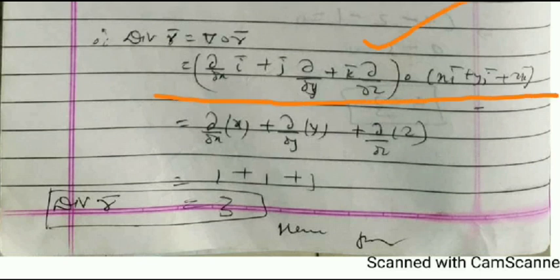First take the dot product: del by del x of x, i dot i is 1; del by del y of y, j dot j is 1; and del by del z of z, k dot k is 1. Differentiating partially with respect to x, y, z: the derivative of x is 1, of y is 1, and of z is 1. So 1 plus 1 plus 1 is 3. So the divergence of r bar is 3.